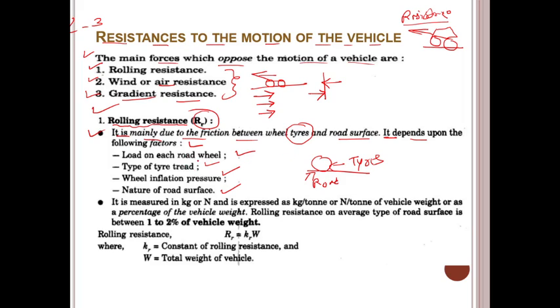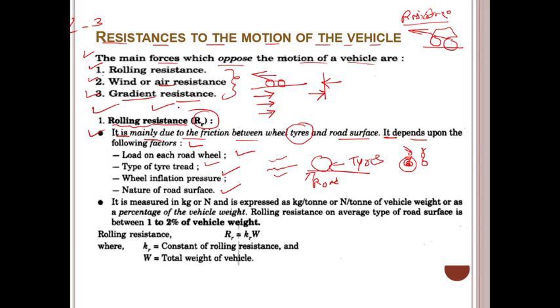Suppose there are four wheels, 1, 2, 3 and 4: how much load is acting on each? Type of tire tread means what type of tire; wheel inflation pressure means how much air is inflated inside the tires; and nature of the road surface means whether it is rough or smooth. So rolling resistance depends on all these factors, guys.